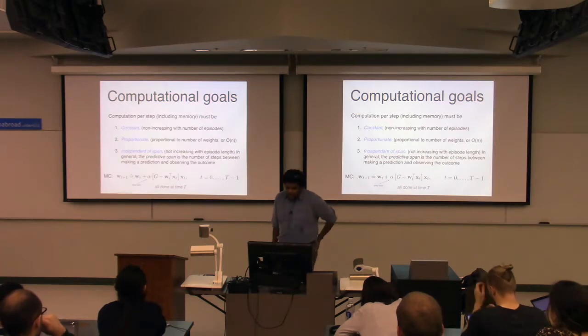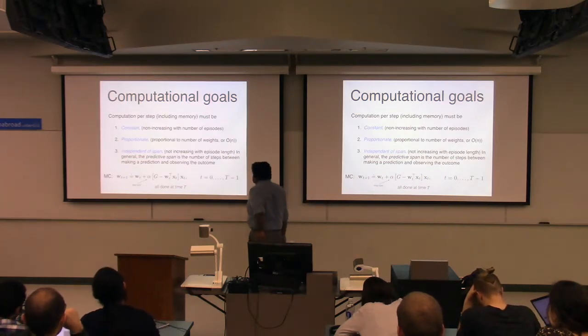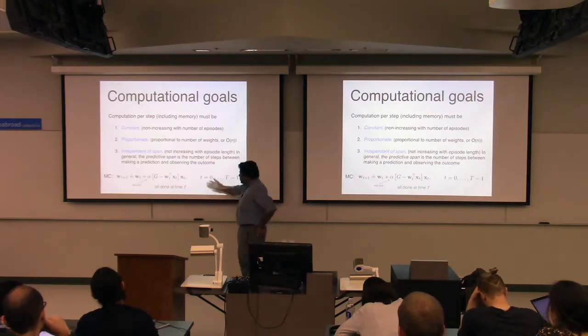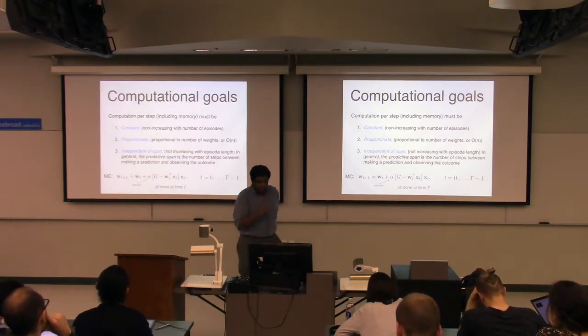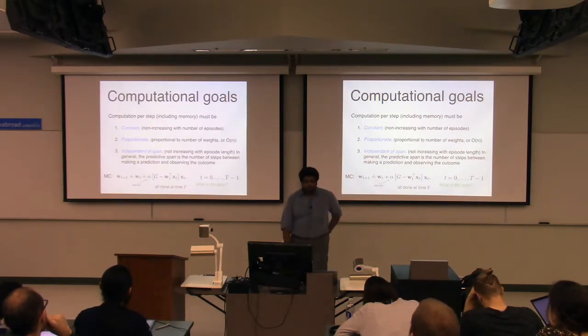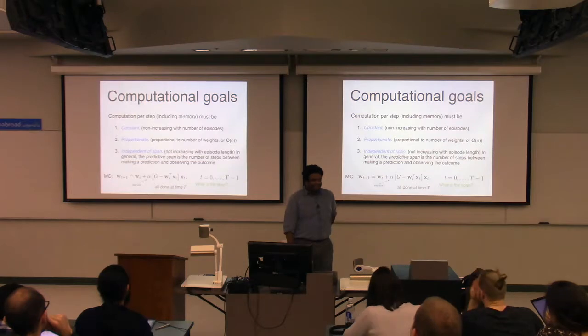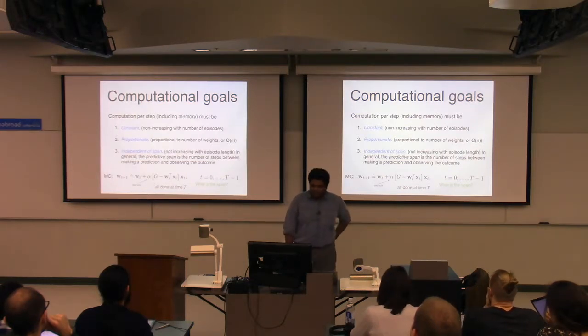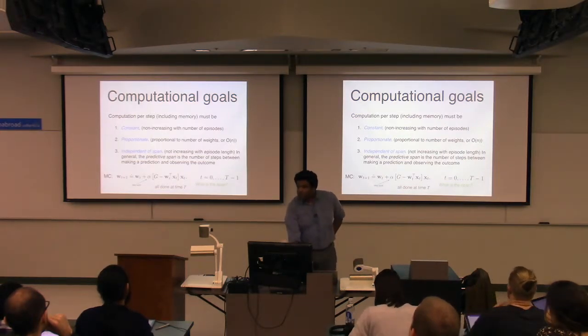and we see that, well, does this have this property? Well, if all the work is being done at time t, then maybe not. What's the span of this algorithm? How many time steps between t?